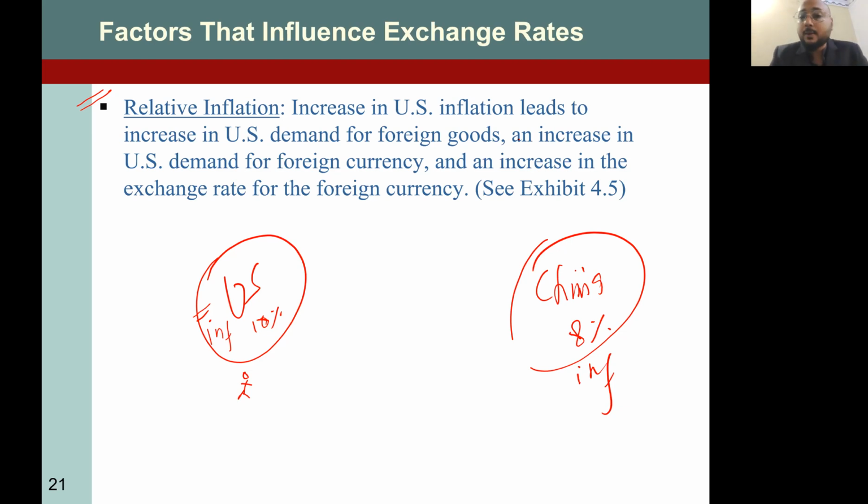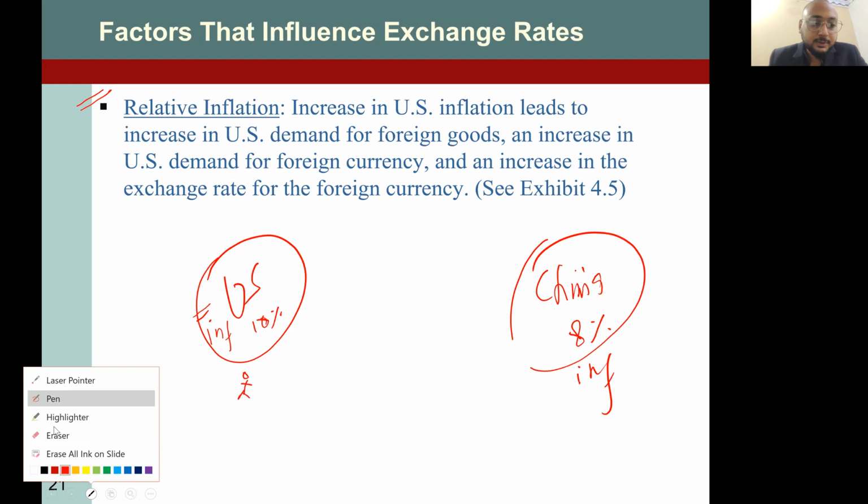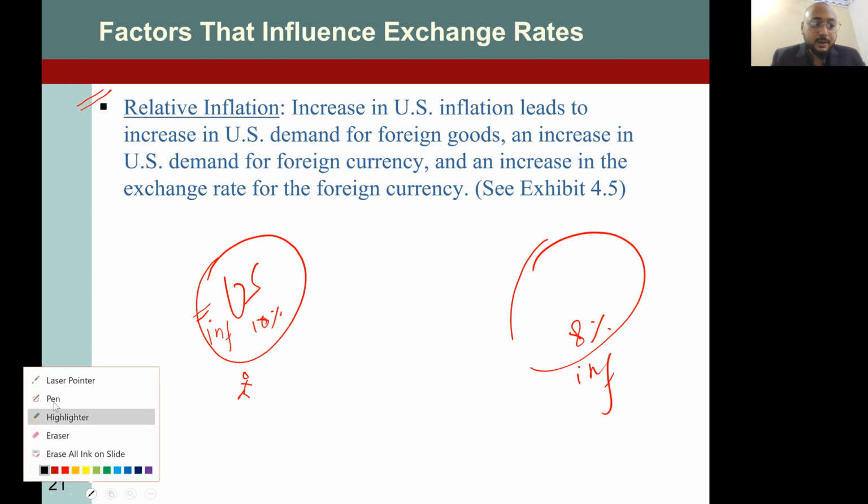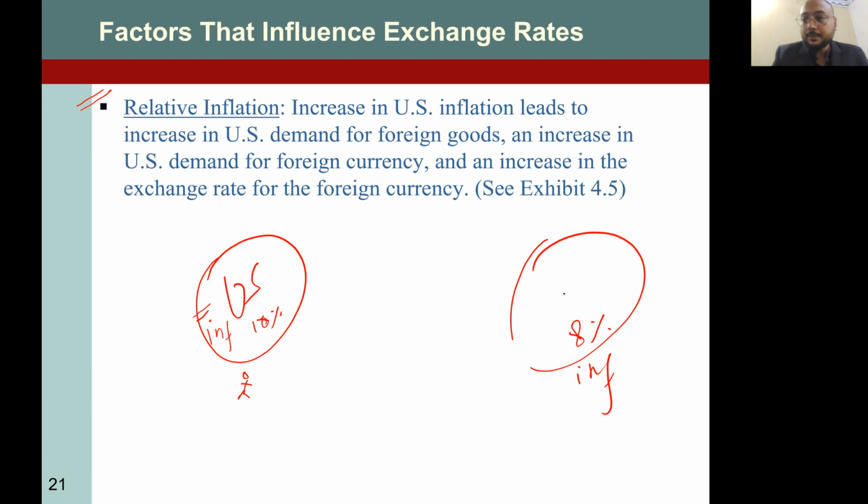So for them buying outside, I think I should change the name here because our example is based on the UK, not China. So the US currency is the dollar, the UK currency is the pound.